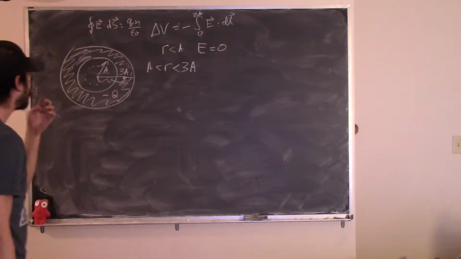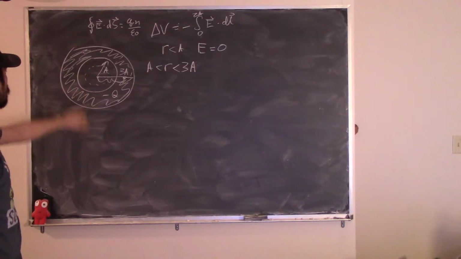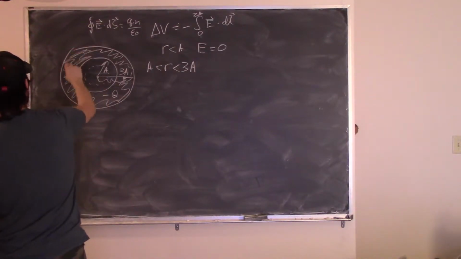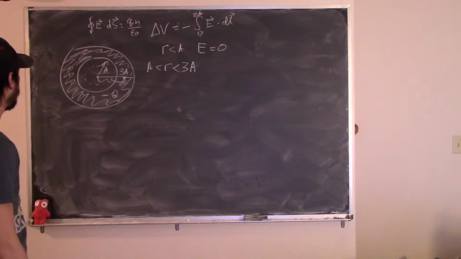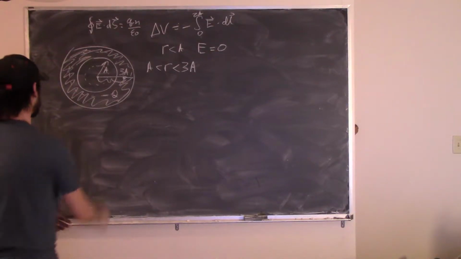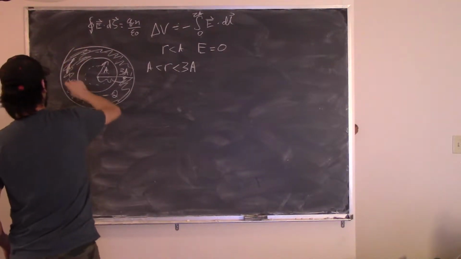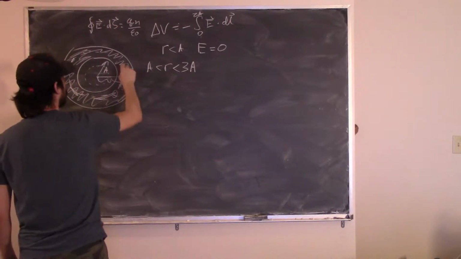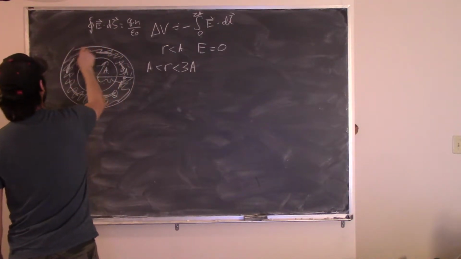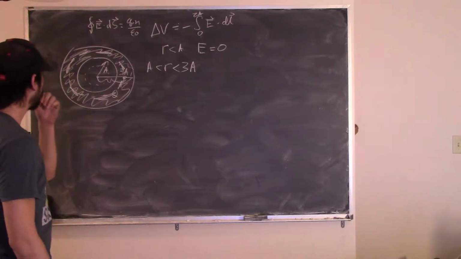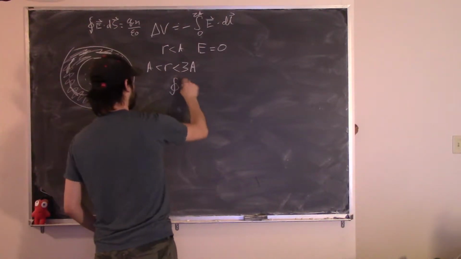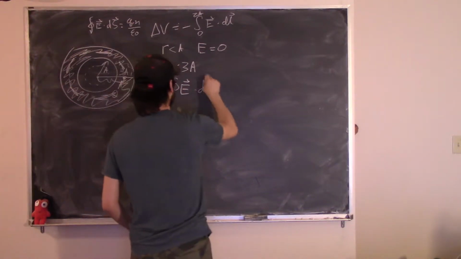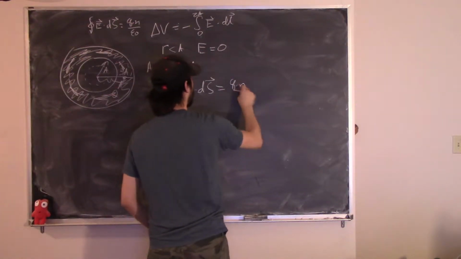Now, the next case is the region between A and 3A, and that's the Gaussian surface here. It's a little hard to see because of the way I shaded it. Here we need to evaluate Gauss's law: the integral of E dot dS is equal to Qn divided by epsilon naught.